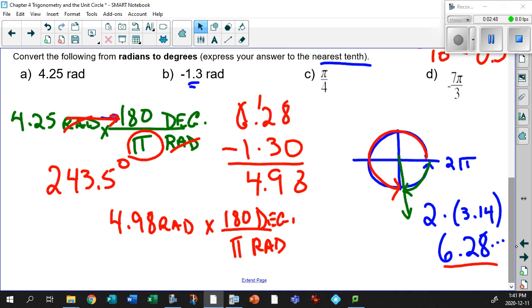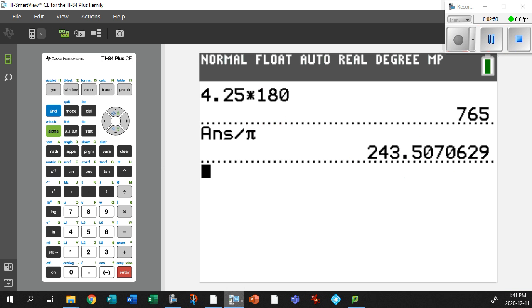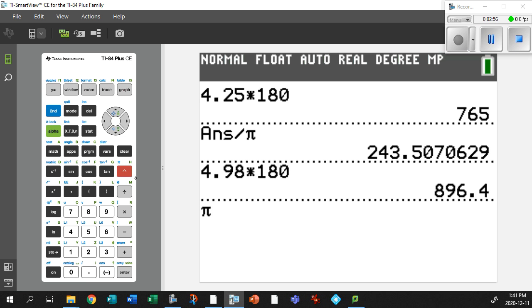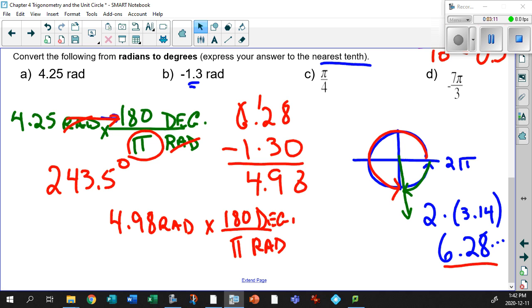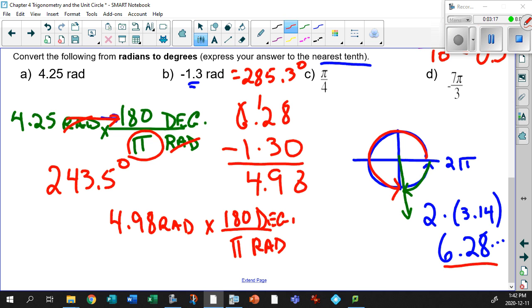Multiply 4.98 times your 180 degrees, boom, divide that by pi, and you end up with 285 degrees. Oh, that's not that tough. 285.3 degrees. Put it down, 285.3 degrees, done.